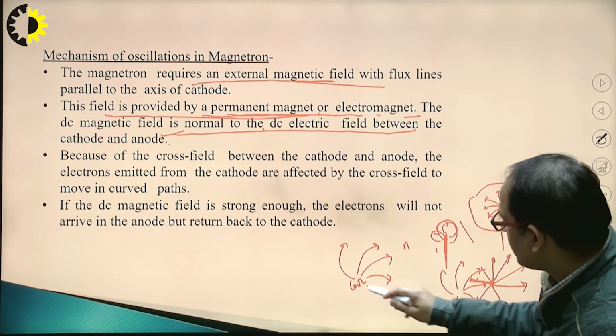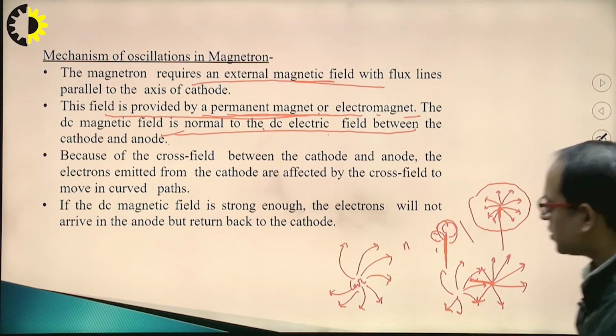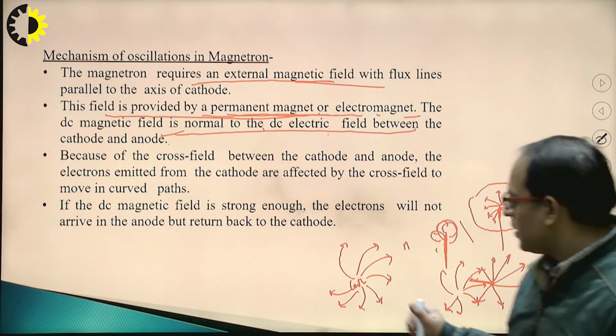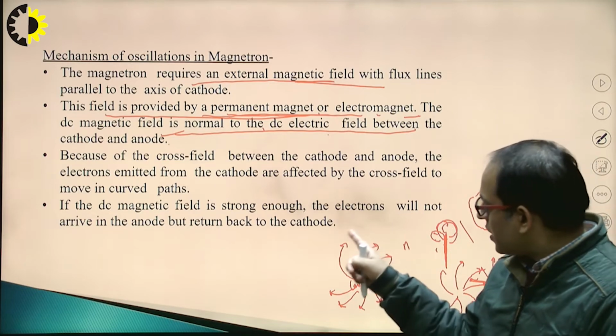Now see this one. To have sustained oscillations, we will provide what? A cavity in the anode.